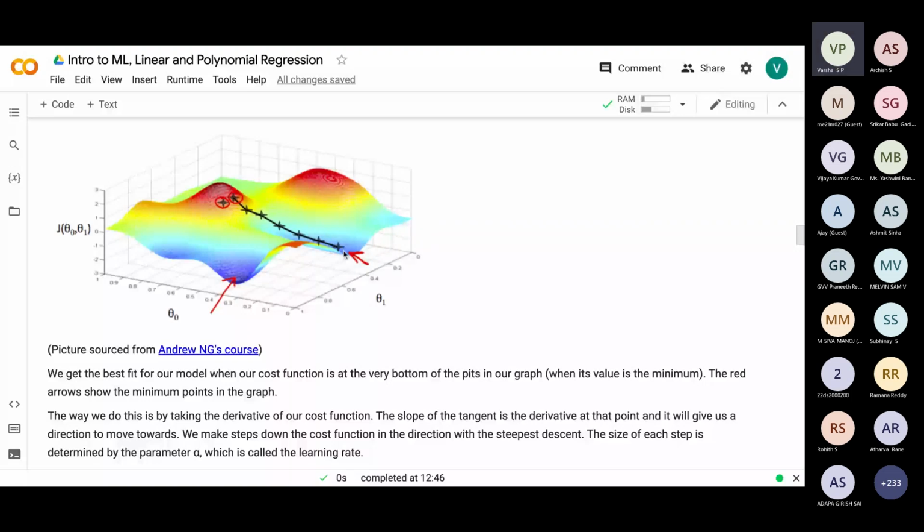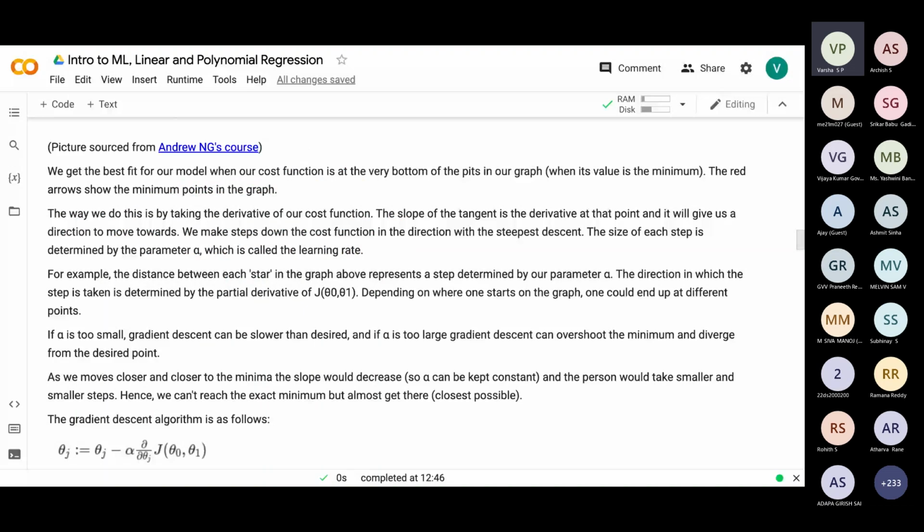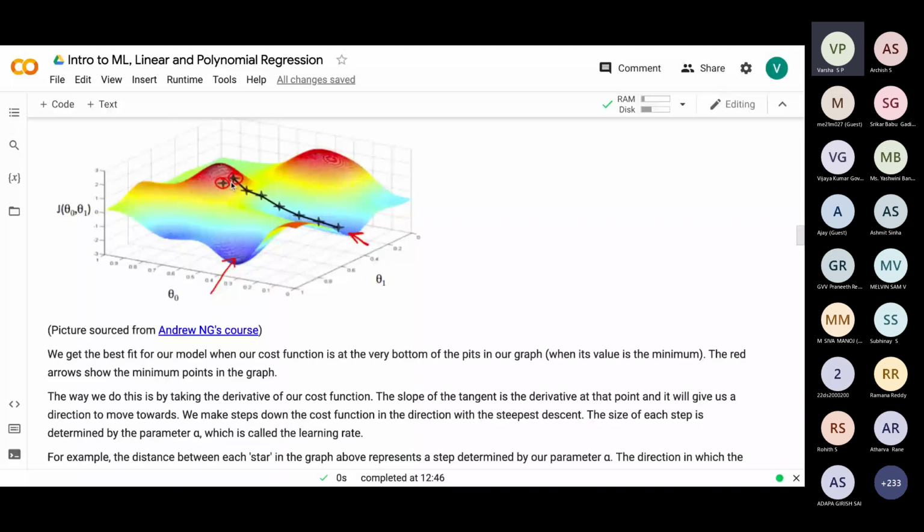Obviously you will have to be careful with alpha. If alpha is too small, the process of finding the minimum error will become too cumbersome, as you'll be moving slowly. And if alpha is too huge, the steps taken might be big enough that there's a possibility of missing out on the minimum point here, right?